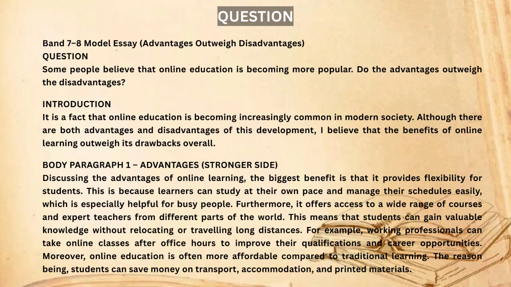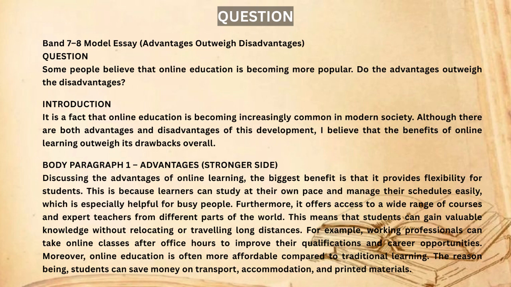Now we move to body paragraph 1, the stronger side, advantages. It says the biggest benefit is flexibility. This is because learners can study at their own pace and manage their schedule easily, specifically busy people. Then it adds another strong advantage, global access. Students can take courses with expert teachers worldwide without relocating.